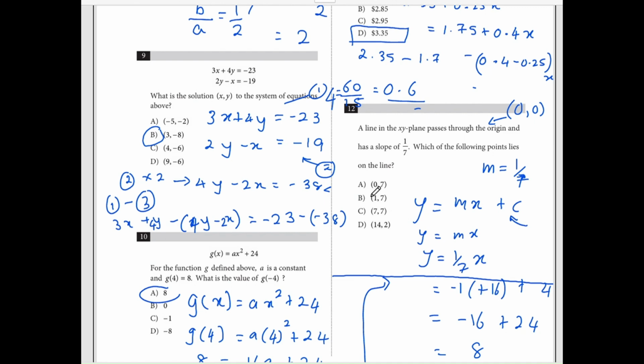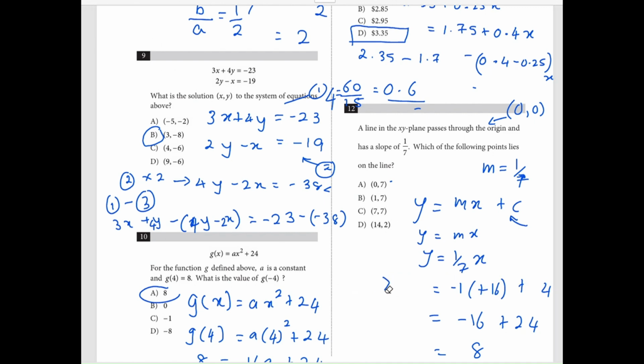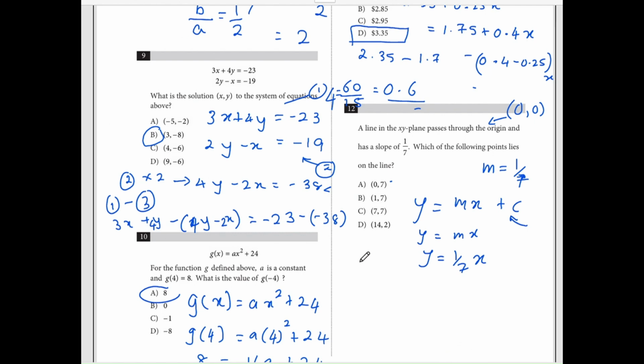If we substitute for a, 7 equals 1/7 times 0, then we cannot get this.